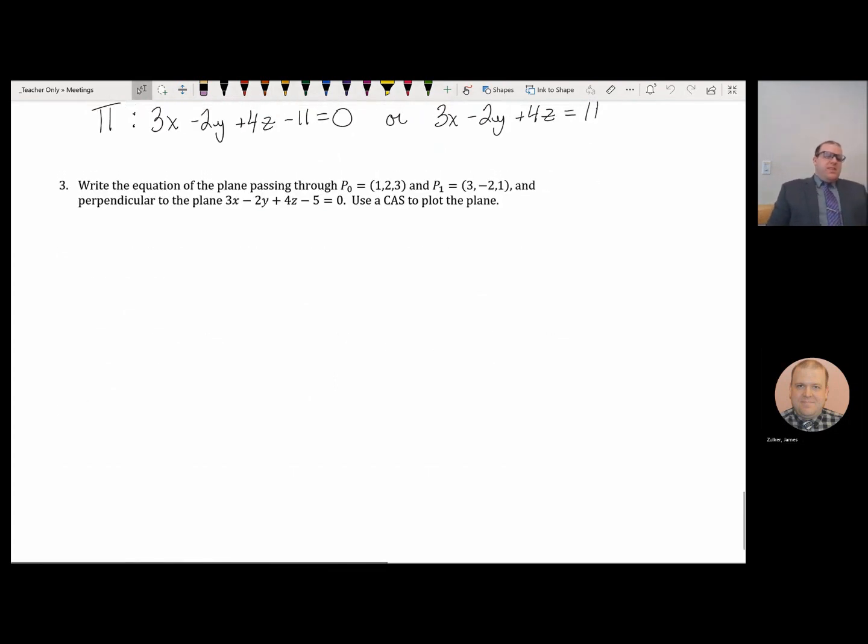Now I want the equation of the plane that passes through the points (1, 2, 3) and (3, -2, 1) that is also perpendicular to the plane 3x minus 2y plus 4z minus 5 equals 0.